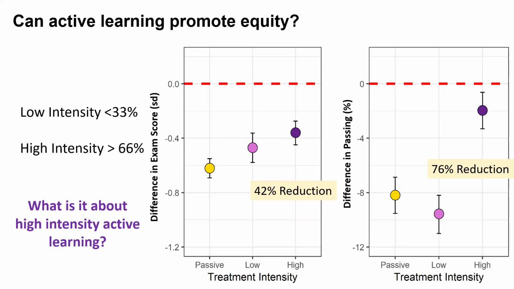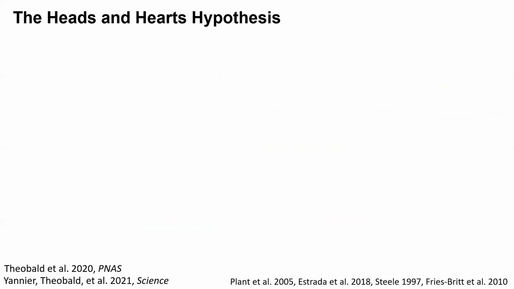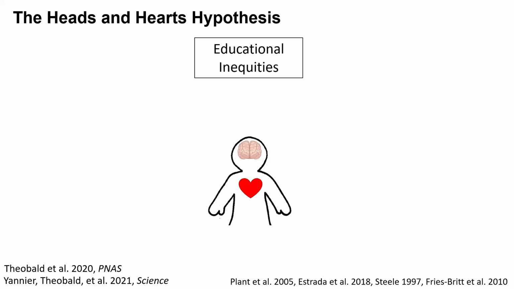So a big hypothesis that we have for why high intensity active learning is so effective, and that I am hoping will explain some of the other variation we see in its efficacy, we call the heads and hearts hypothesis. This hypothesis holds that an educational inequity affects a whole student.